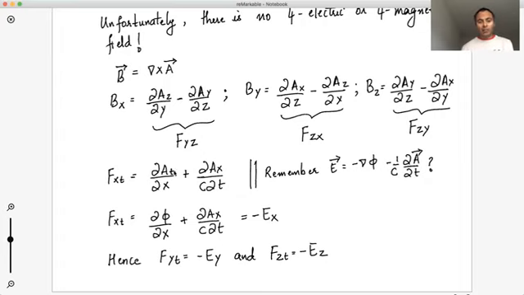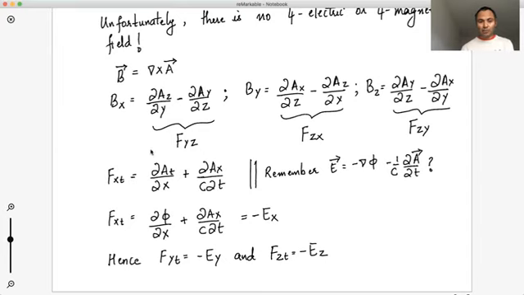Now, the partial derivative of A_t with x, that is just the gradient of the scalar potential, because this is the time-like component of, let's say, A being the four vector potential. So A_t would just be the time-like component. So I can define A_t as just phi.